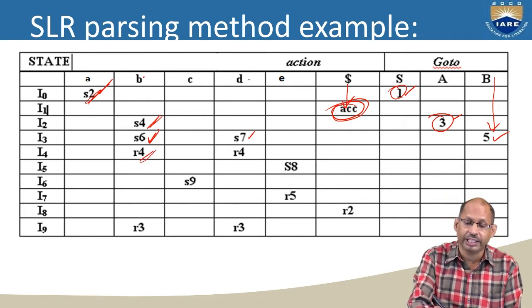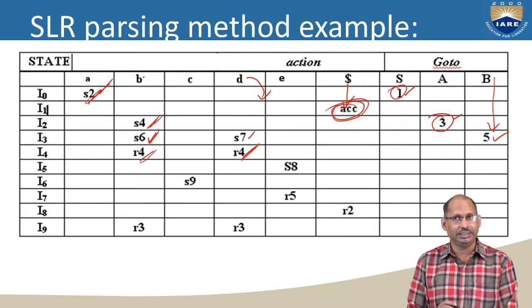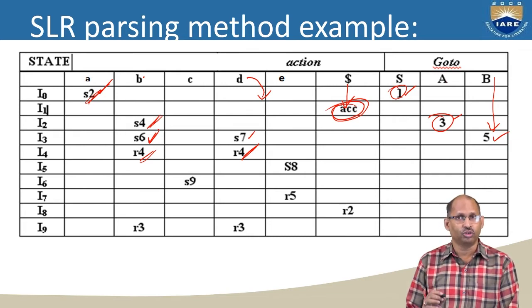In place of D, we also write reduce by production number 4. Since it is the dot at the end of the fourth production, we write reduce the fourth production in the follow of the non-terminal. The follow is B and D, so in the B column we write R4, and in the D column we write R4.